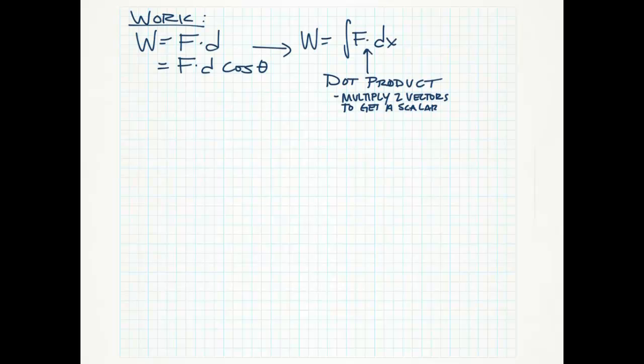So this tells us that work is a scalar. It doesn't have any direction to it. It can be positive and negative. The other thing about the dot product is that only parallel vectors or parallel components matter.